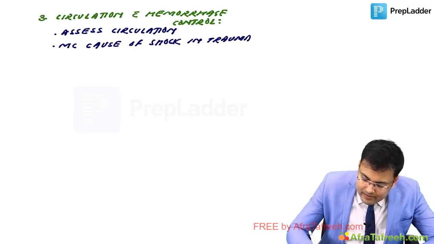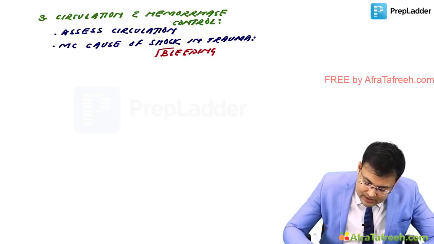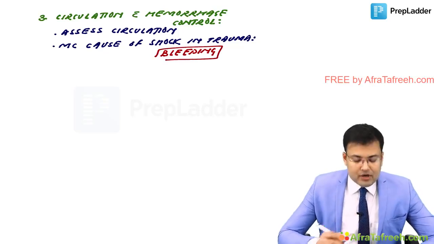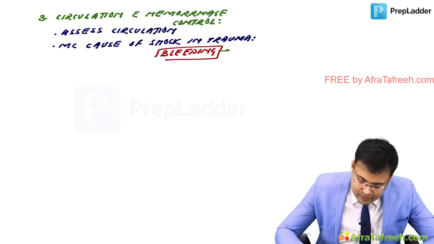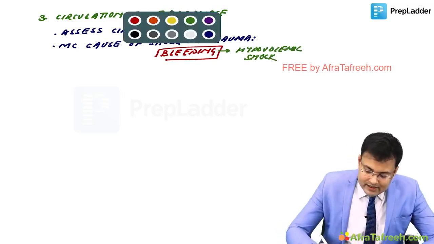It's the hemorrhage or bleeding. Clear? And if it's bleeding, what is the most common type of shock in patients of trauma? It's hypovolemic shock. Clear? We have to assess vitals.